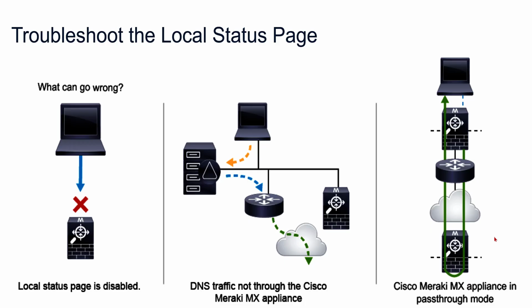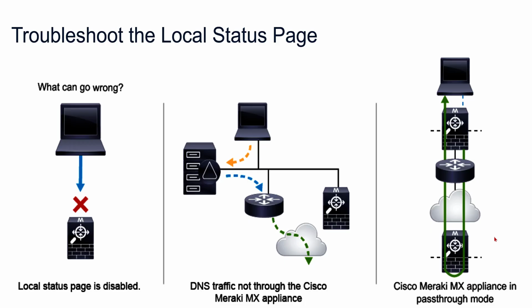What if the MX is in pass-through mode? That's the right one we see here. So the MX is basically acting like a bridge. It's not routing traffic. The local status page is going to become unreachable, especially if the uplink subnet overlaps with the VPN subnets.